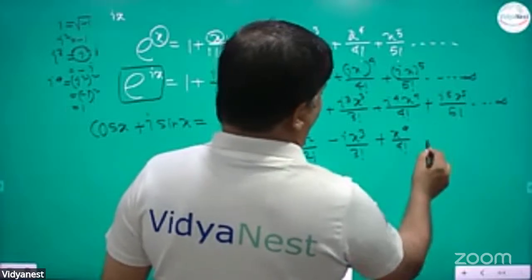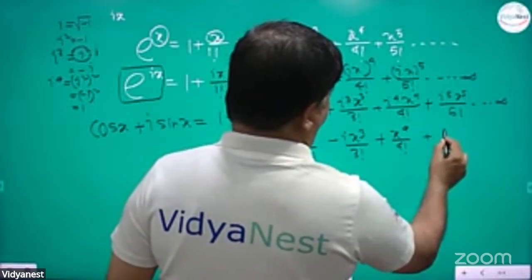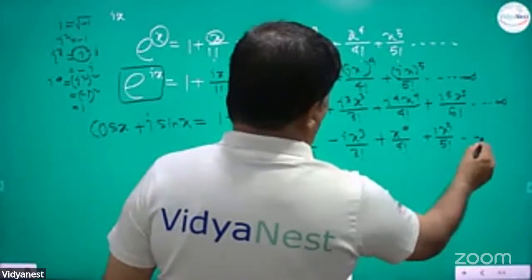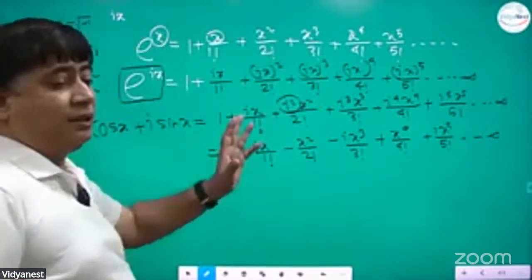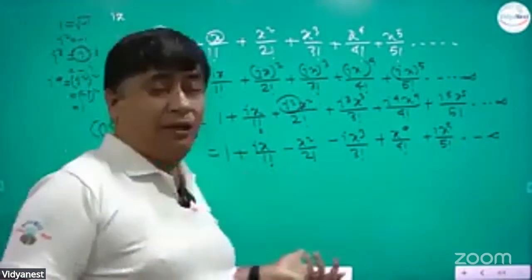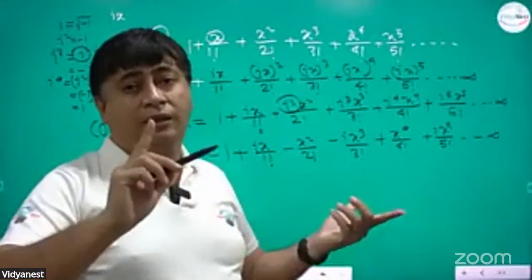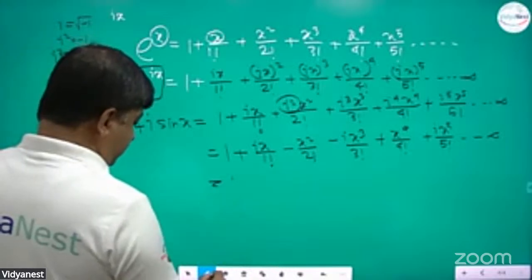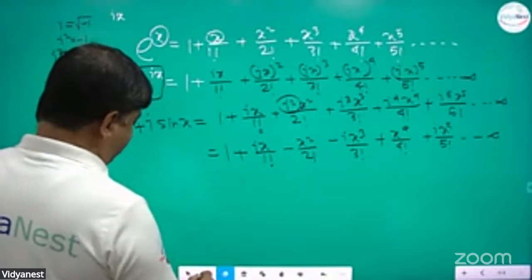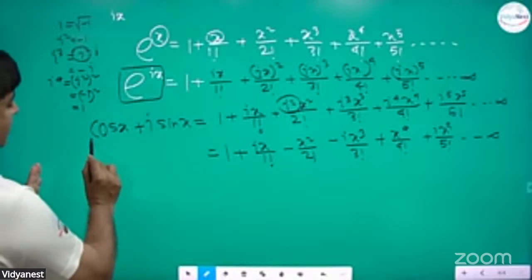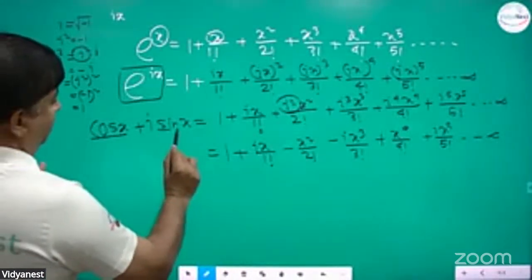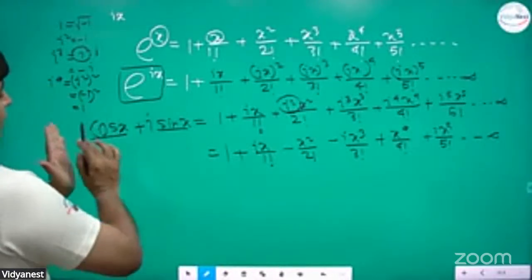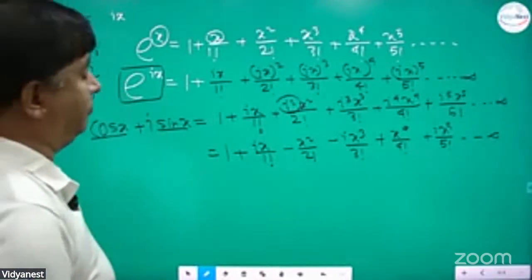In the same manner, i to the power 5 will be i, and so on. Now you separate the terms which involve i and those without i. First write the terms without i, because in complex numbers the standard form of Euler's is set in this way: cos theta plus i sin theta, polar form.